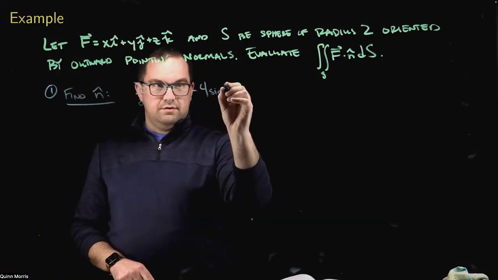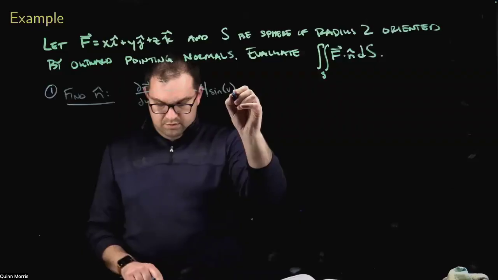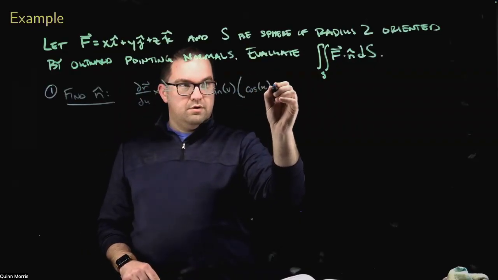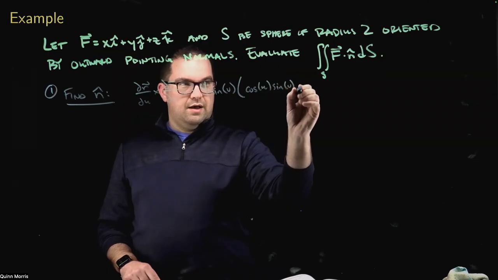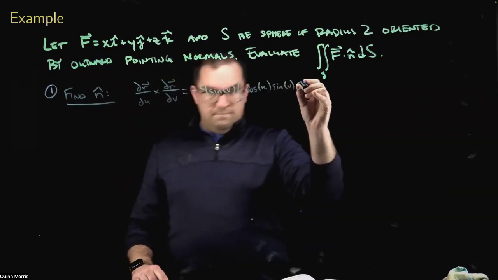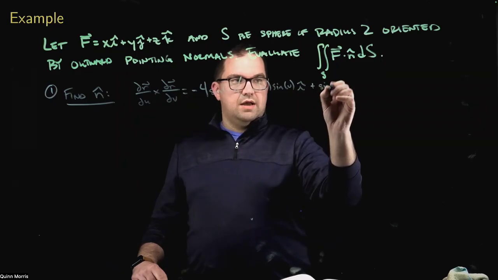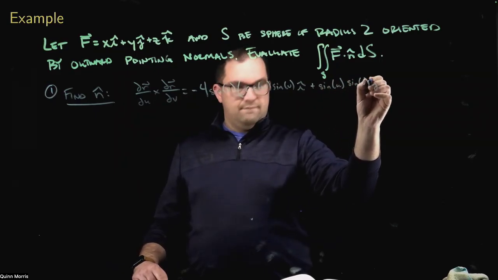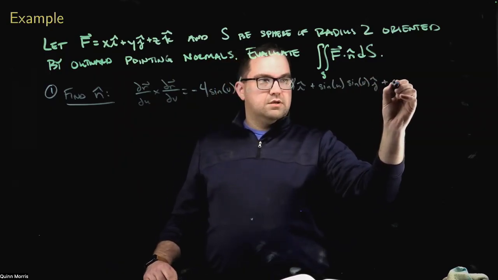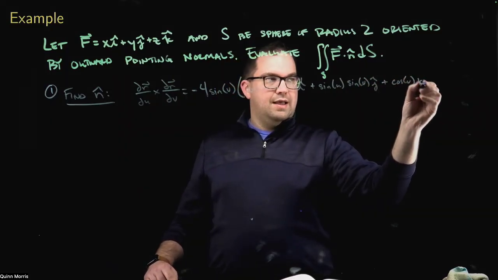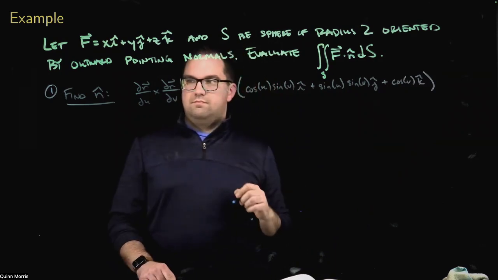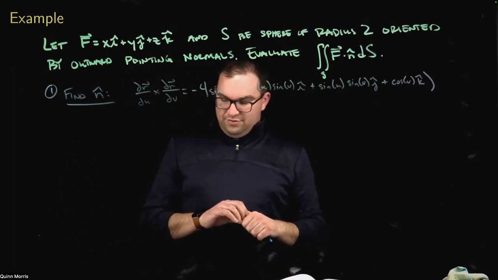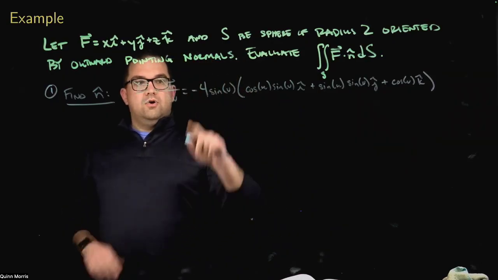was minus 4 sine v times the vector cosine u sine v i plus sine u sine v j plus cosine v k. Okay. But now I need to divide through by its norm.